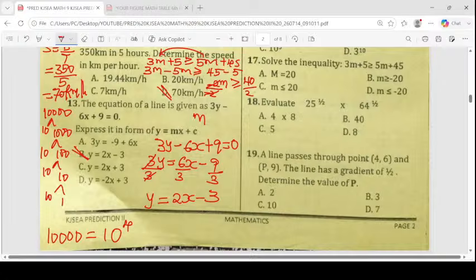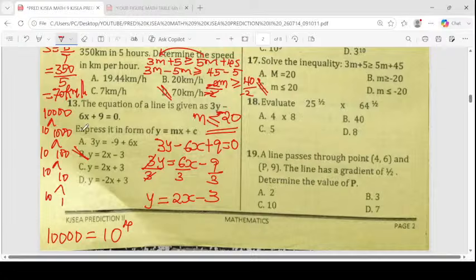Because it was greater than or equal to, it will now become less than or equal to 40 divided by negative 2 to become negative 20. So m is less than or equivalent to negative 20, which is choice C for cat.